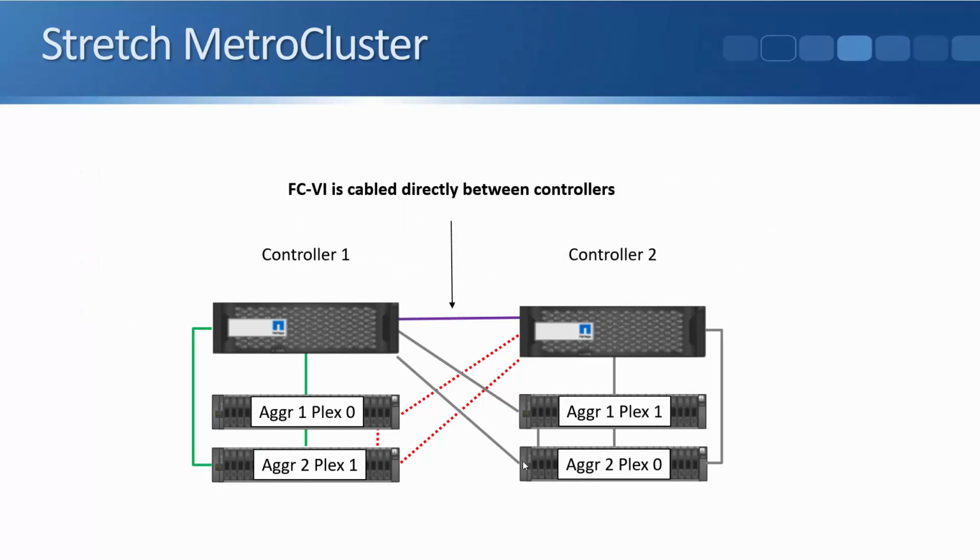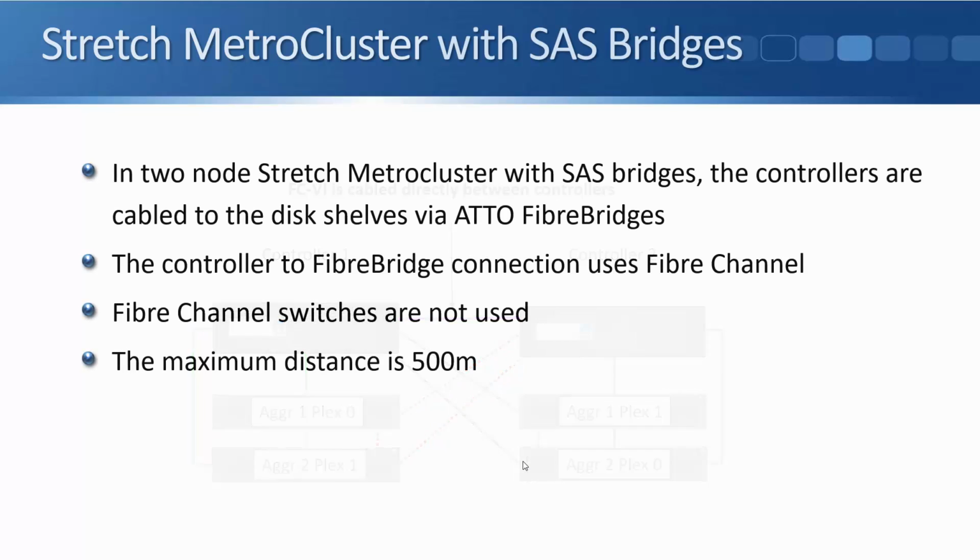Looking at this, you'll see it's very similar to standard high availability. The controllers are connected to the disk shelves using SAS cables. The difference is that for the NVRAM mirroring, rather than using the standard HA connection, we've got that fiber channel VI connection. It's cabled directly between the controllers, between fiber channel ports.